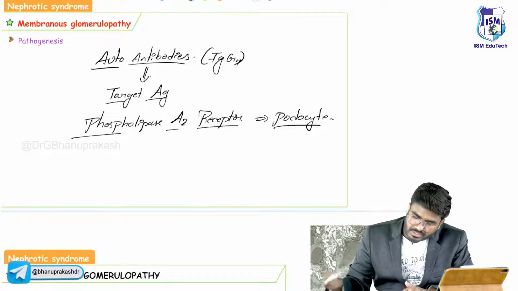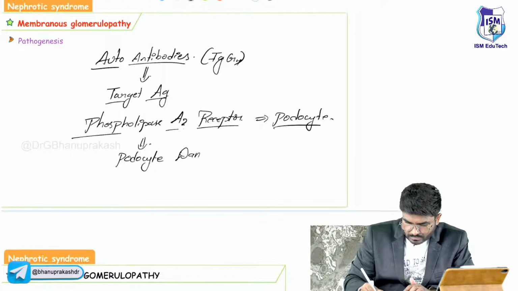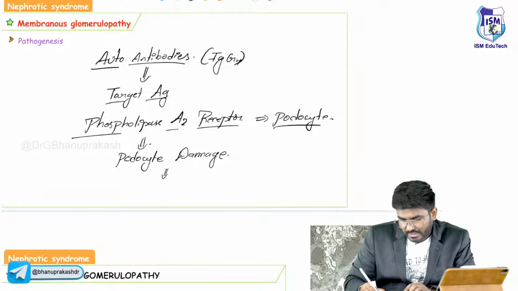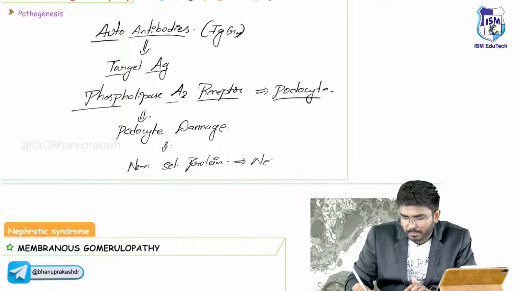What happens because of this? The podocytes are going to be damaged. If the podocytes are damaged, there will be non-selective proteinuria, leading to nephrotic syndrome.